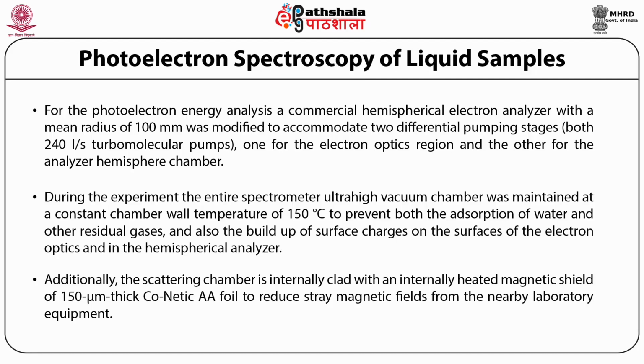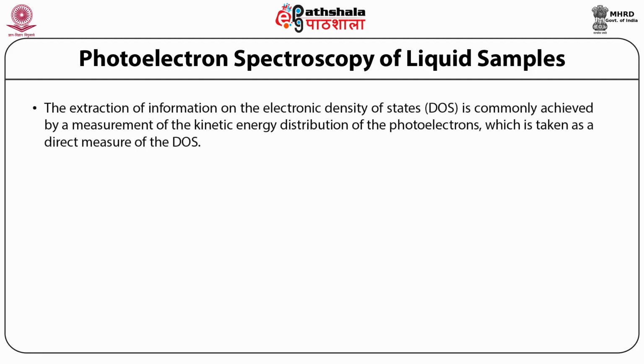The photoelectrons were detected by a standard signal channel, a copper beryllium multiplier. The extraction of information on the electronic density of states, we call DOS, is commonly achieved by a measurement of the kinetic energy distribution of the photoelectrons, which is taken as a direct measure of the density of states.